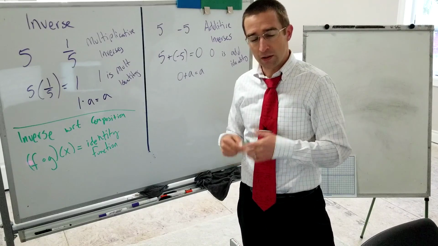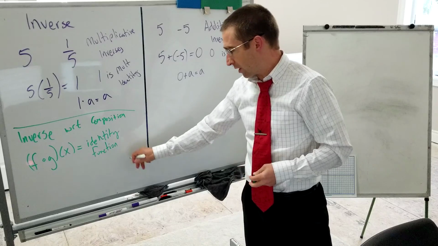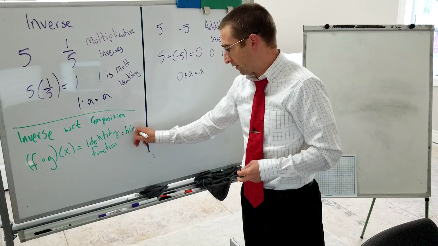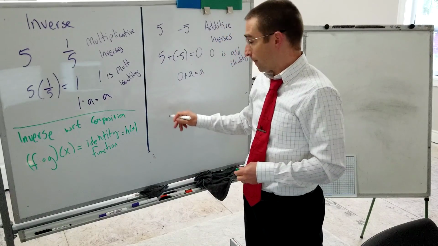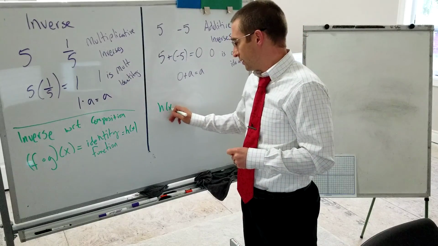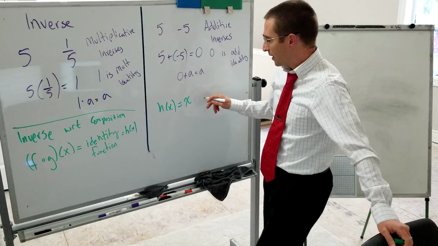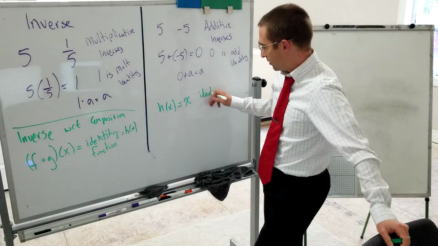So, let's think, what function would be our identity function? Let's call it h of x. Well, I'm just going to tell you. H of x equals x is the identity function.